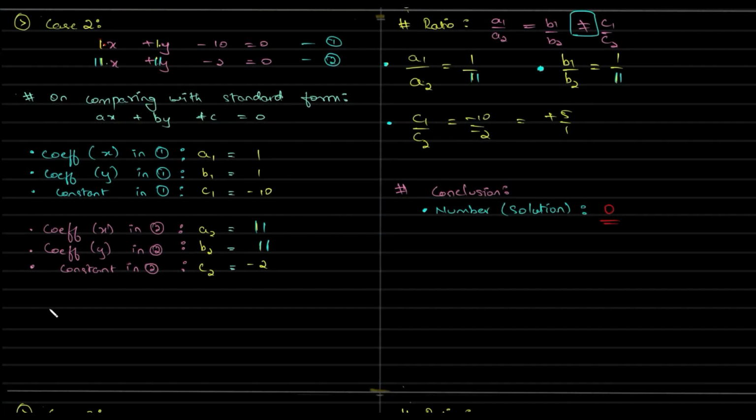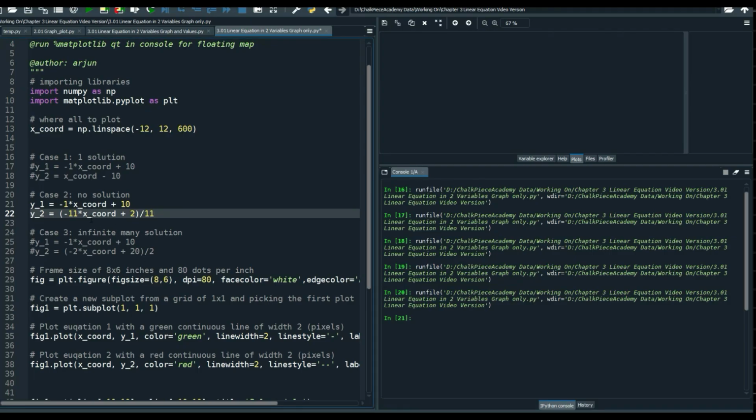So we have 11x plus 11y minus 2 is equal to 0. If I rearrange, 11y is equal to minus 11x plus 2, and if I divide both sides by 11, I have y is equal to minus 11x plus 2 divided by 11. So that's our equation, and let's see what happens.